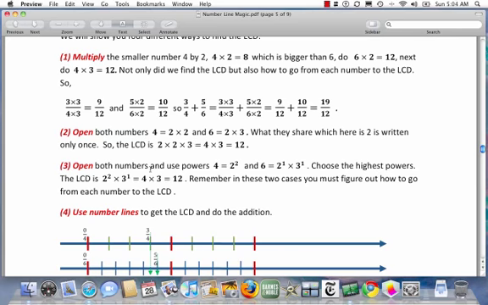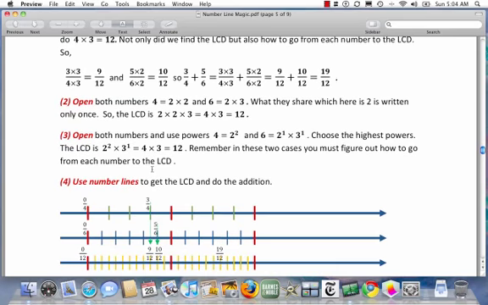And the third way, which is probably the easiest for calculation, is to factor the numbers as much as you can, then write all the factors and choose the highest power on each factor that appears in each number.